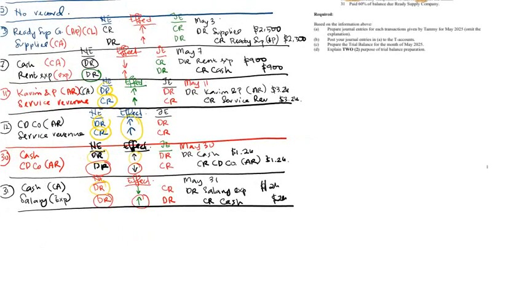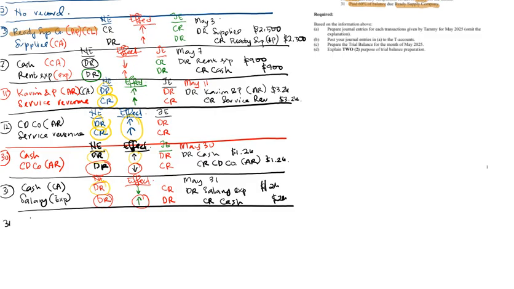Paid 60% of balance due, Ready Supply company. So look at your entry, Ready Supplies is account payable. You paid means there will be two accounts affected.